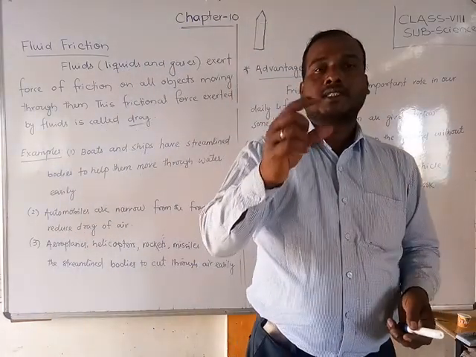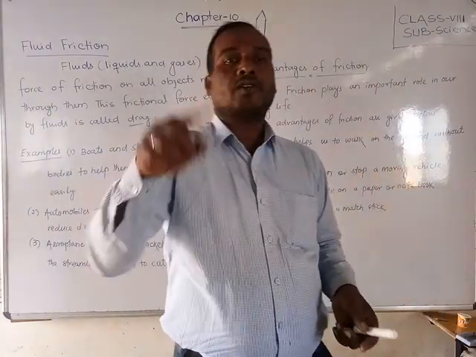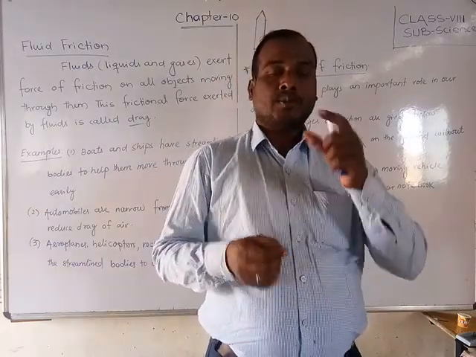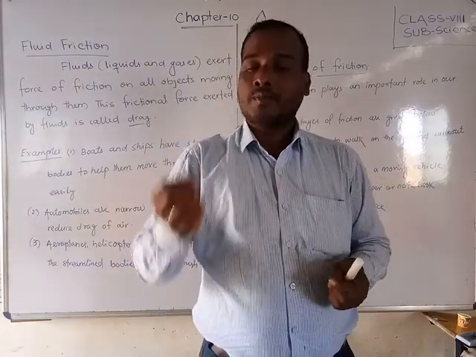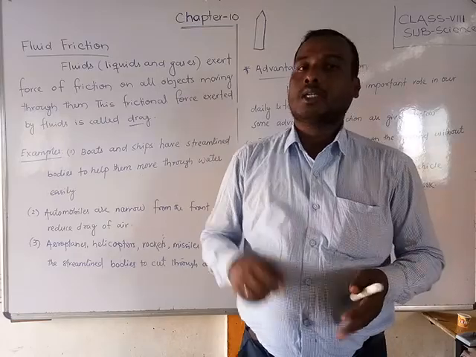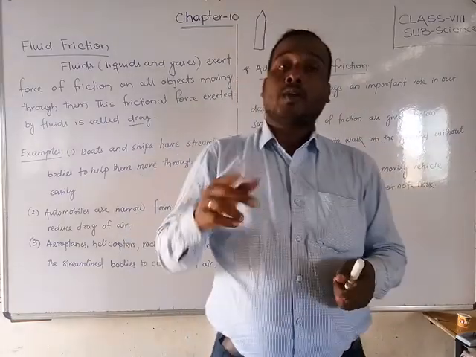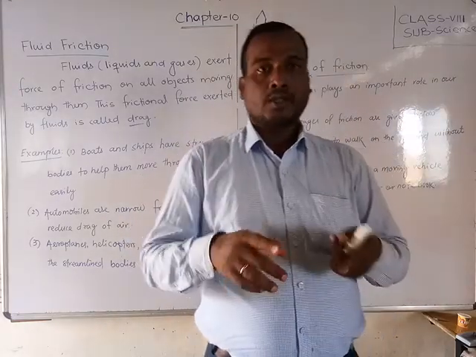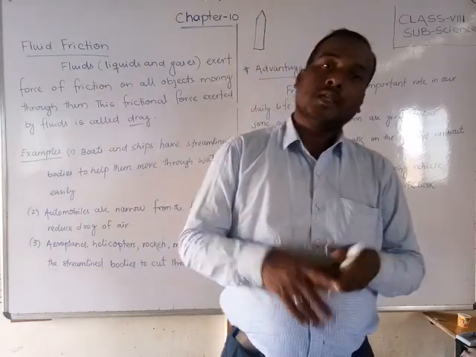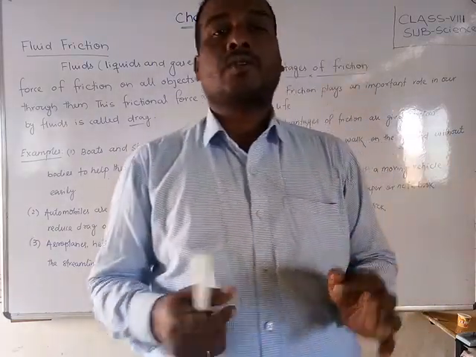You have seen that matchsticks have two rough sides, because if it were too smooth we could not light them. When we rub, heat comes because of friction. So these are the advantages of friction.